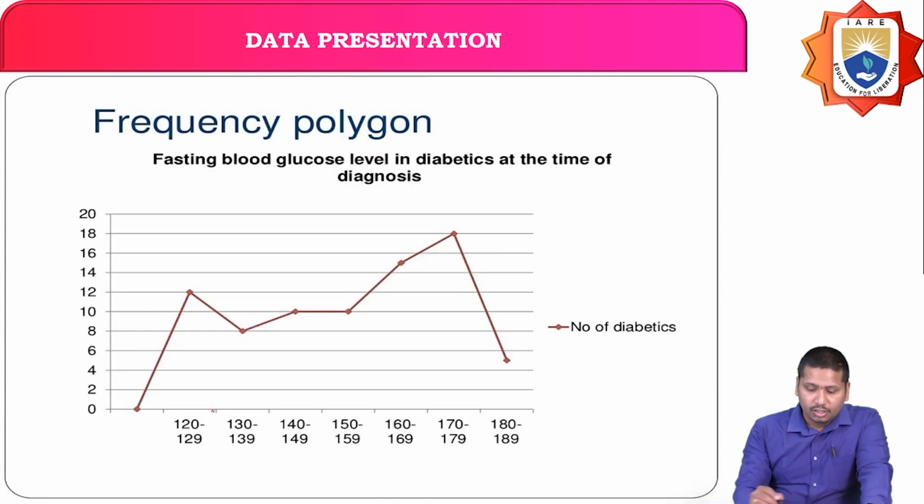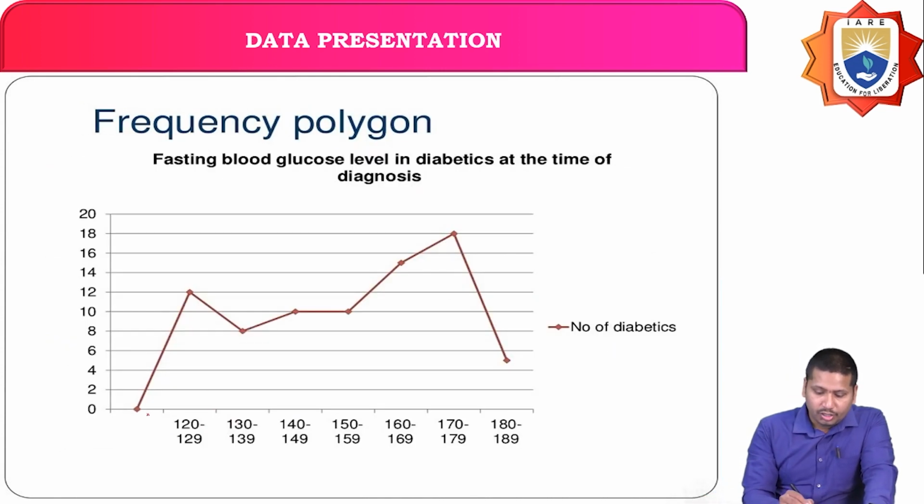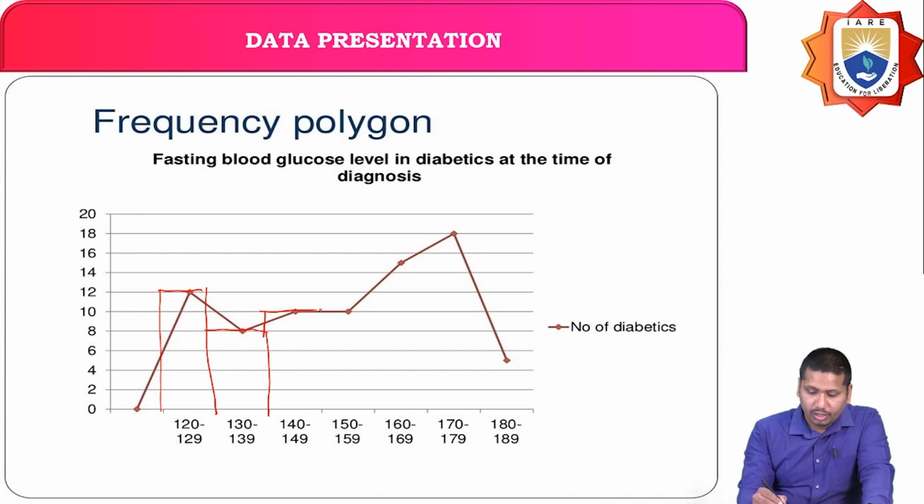Initially it looks like this. Normally the frequency polygon is constructed by considering the class intervals only.